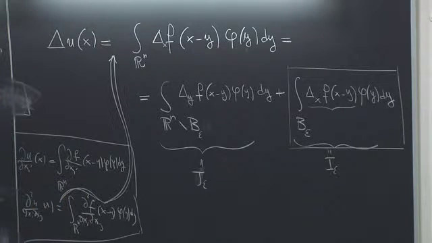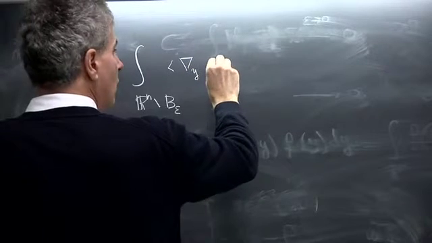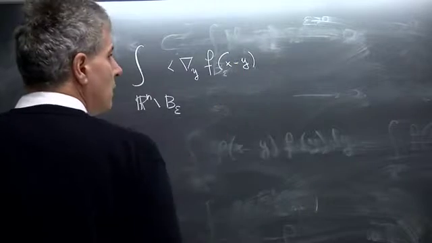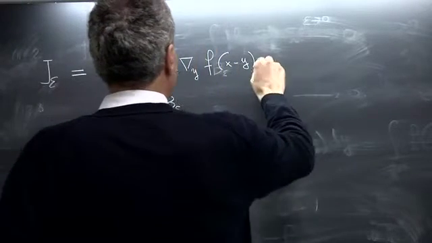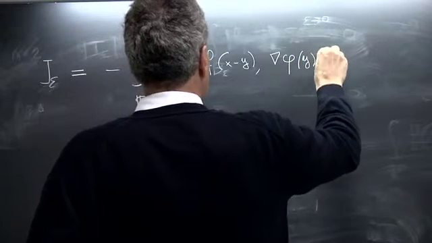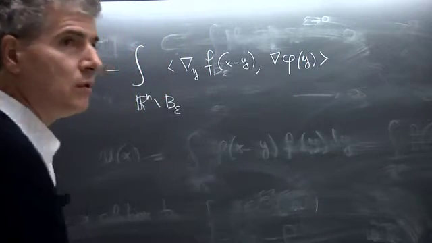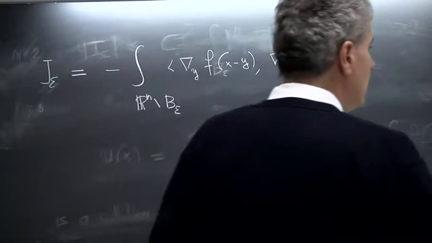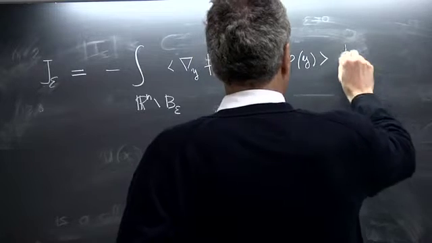And so I have the gradient of f against the gradient of phi, with the minus in front. And then I have also the boundary term dy.